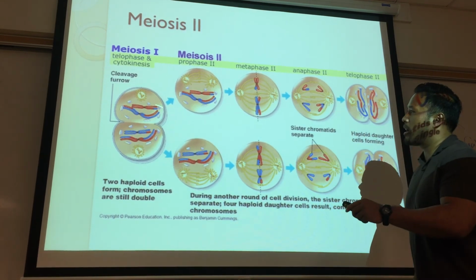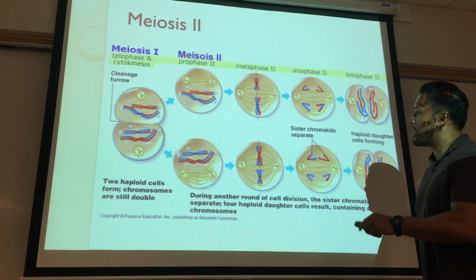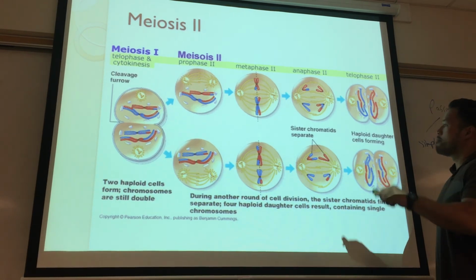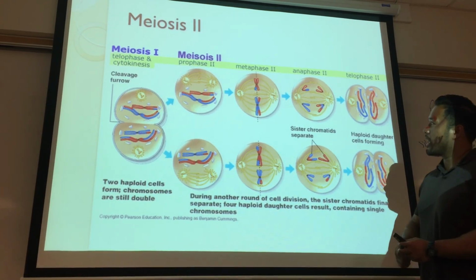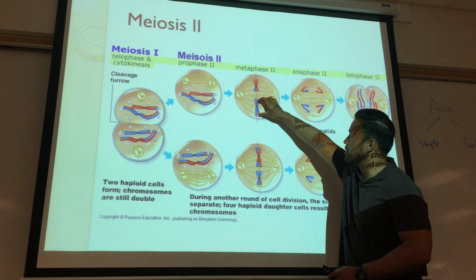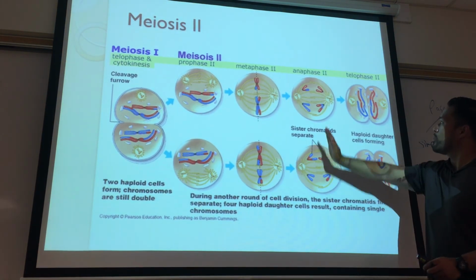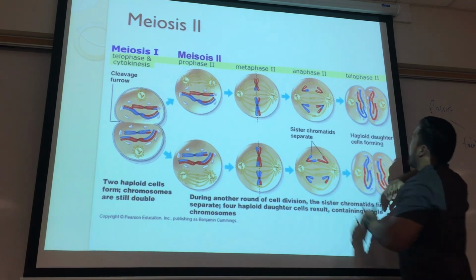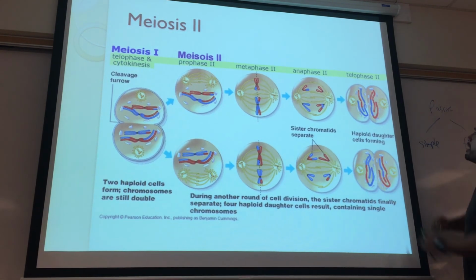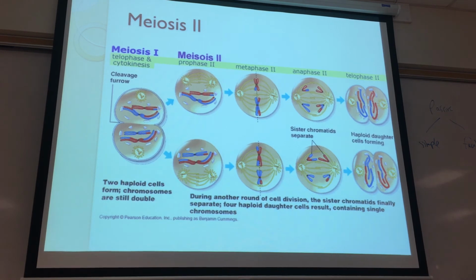So in that process, you can see what happens with this DNA. It undergoes prophase, metaphase, again independent assortment, whether it flips this way or flips the other way. We go through metaphase, we go through anaphase, taking them apart, and then telophase, and we split them again. And what we end up with are haploids. Half the DNA of what we started.